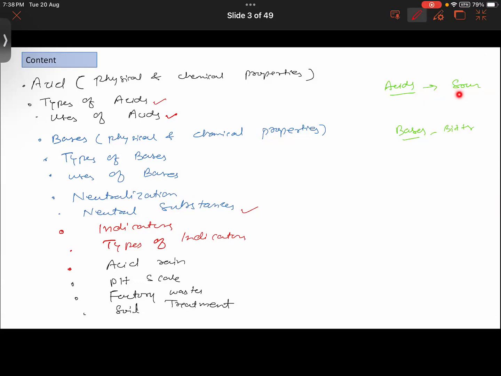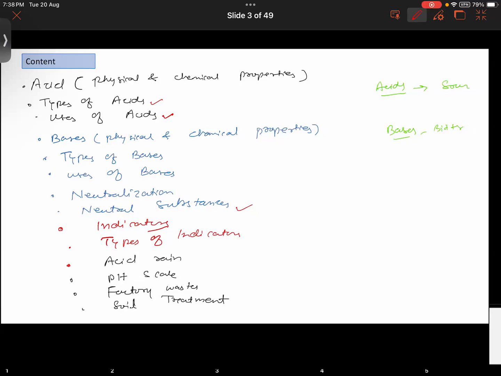They can be so strong that they can damage the tissues of the human body and of animals. So it's not possible for us to taste every acid. In order to check whether a given substance is an acid or not, it is not always safe to taste it. So for that purpose, we'll be using certain indicators.